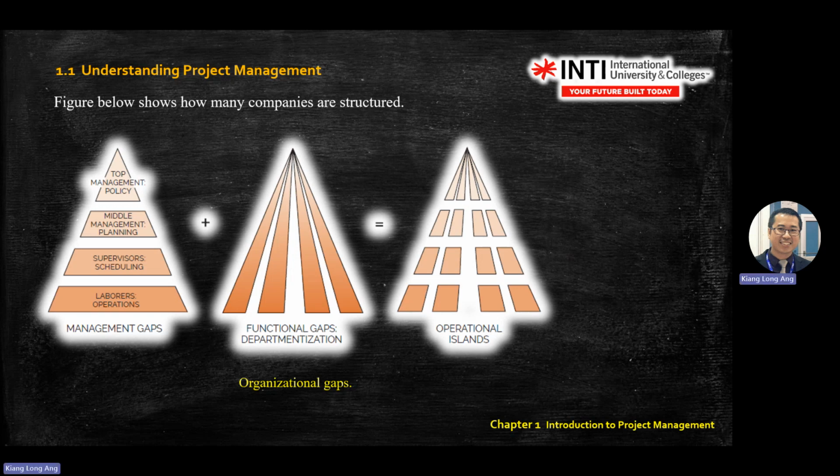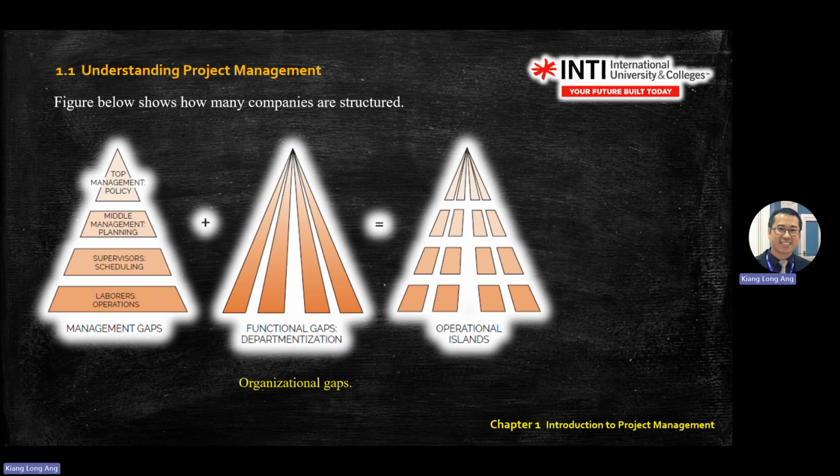Then top management makes a very bad decision because they don't have enough information from below. The most valuable data is from the lower base, or what we call frontline workers. They know what happened on the frontline.